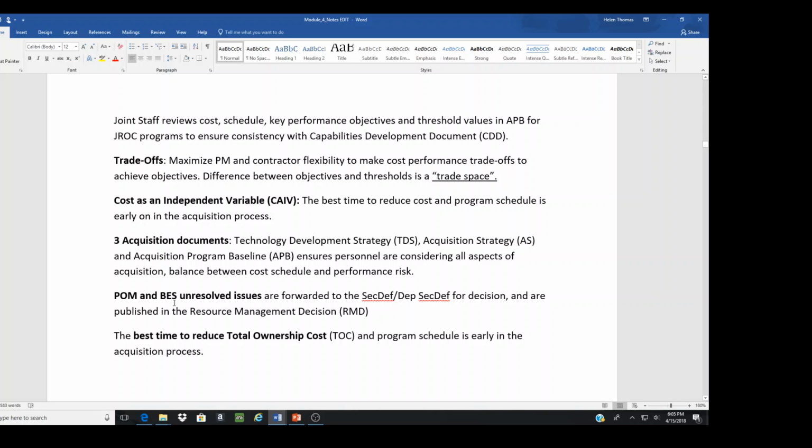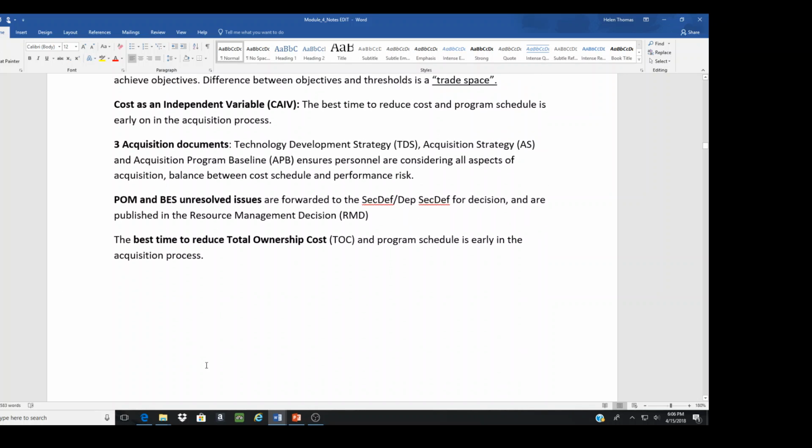The POM and BES unresolved issues are forwarded to the SecDef and are published in the Resource Management Decision, the RMD, the same document we talked about in the PPBE process. The best time to reduce total ownership costs and program schedule is early in the acquisition, and this goes back to the concept of CAIV.